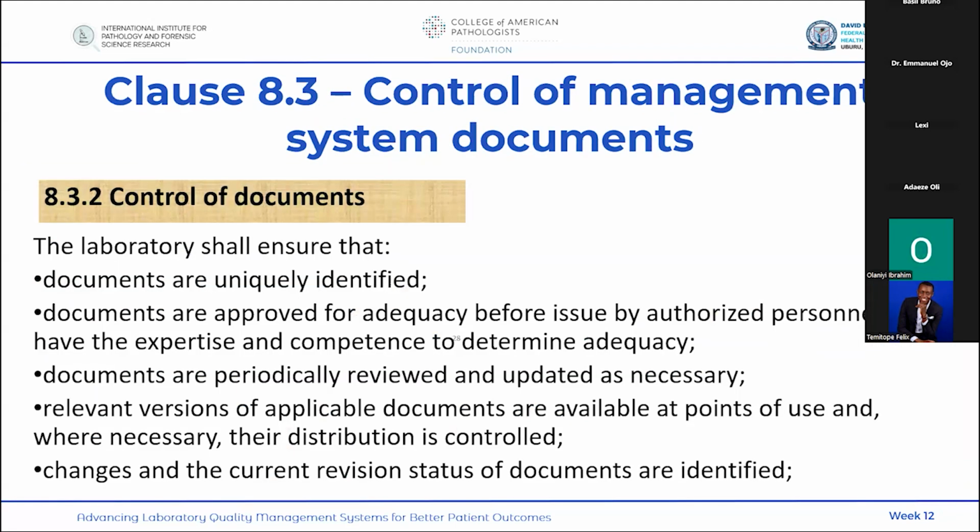So what are the things that the standard wants us to focus on concerning the control of documents? It has to do with unique identification. That is the ID of the SOP number, policy number, job aid number. And I have a slide that will give an example of what this unique identification means.